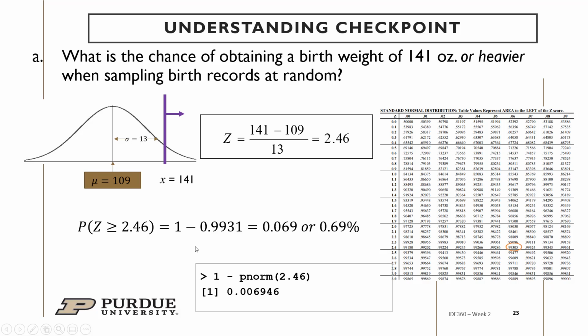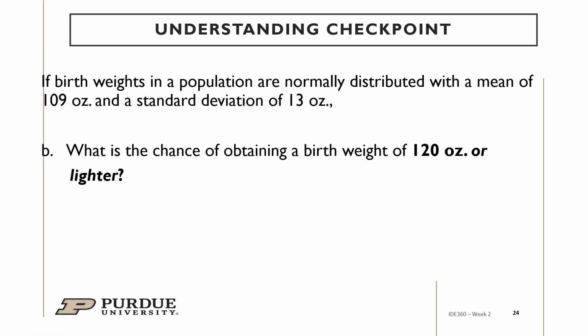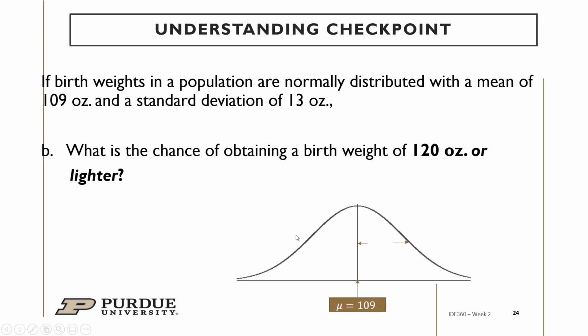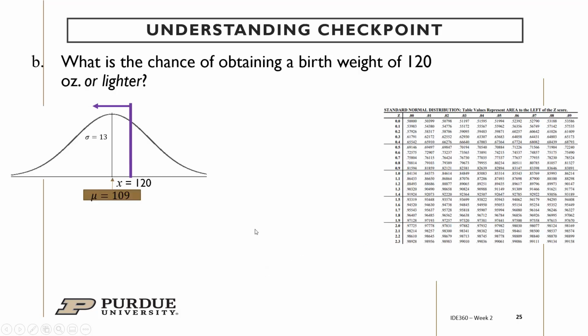This is how it will be calculated in R. If birth weights in a population follow that same distribution, what is the chance of obtaining a birth weight of 120 ounces or lighter? You have the same distribution, but now you want to locate yourself at 120 and check everything below that.